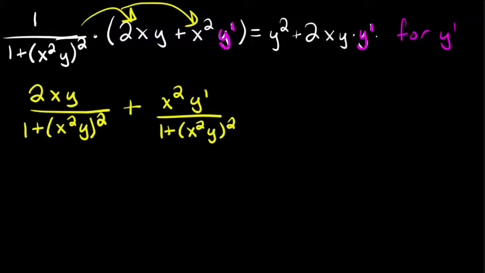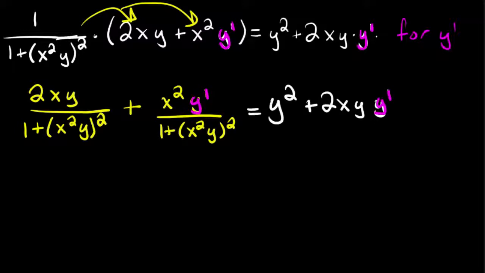Okay, equals y squared plus 2xy y prime. So let me locate all of my y primes again. I've got one right here. I've got another one right here. So I've got two y primes.